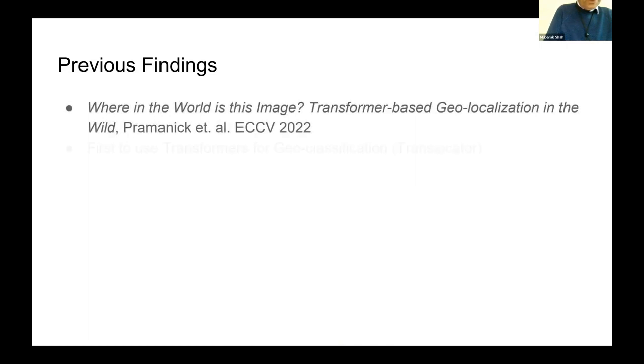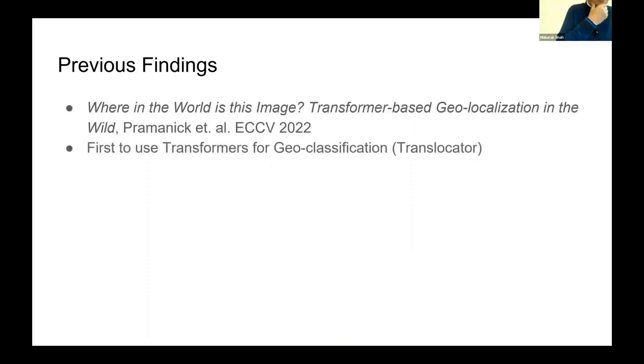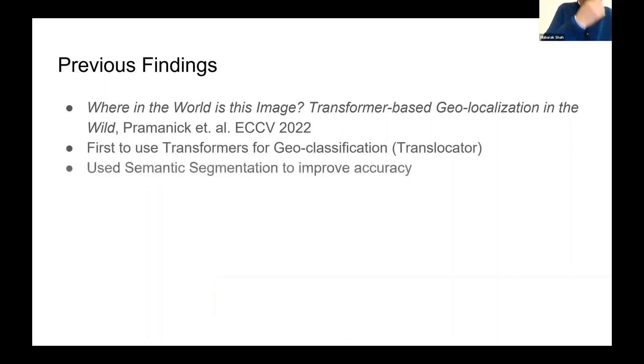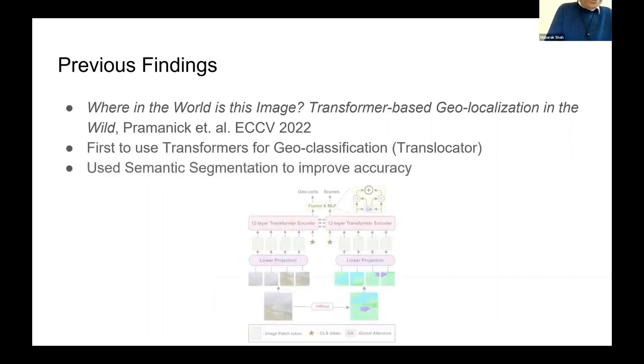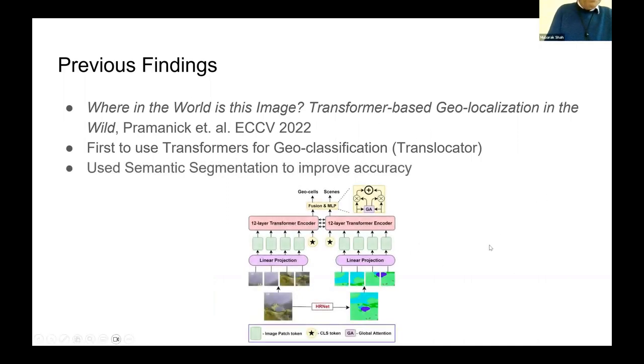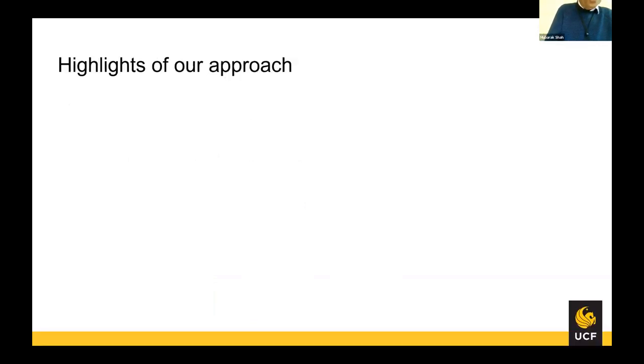One more method, a very recent one from last year from Ramachandran's group, is called Translocator. They essentially use the image and at the same time the semantic segmentation of the image, and they apply attention between these two, and it seems to help, and they have pretty interesting results.